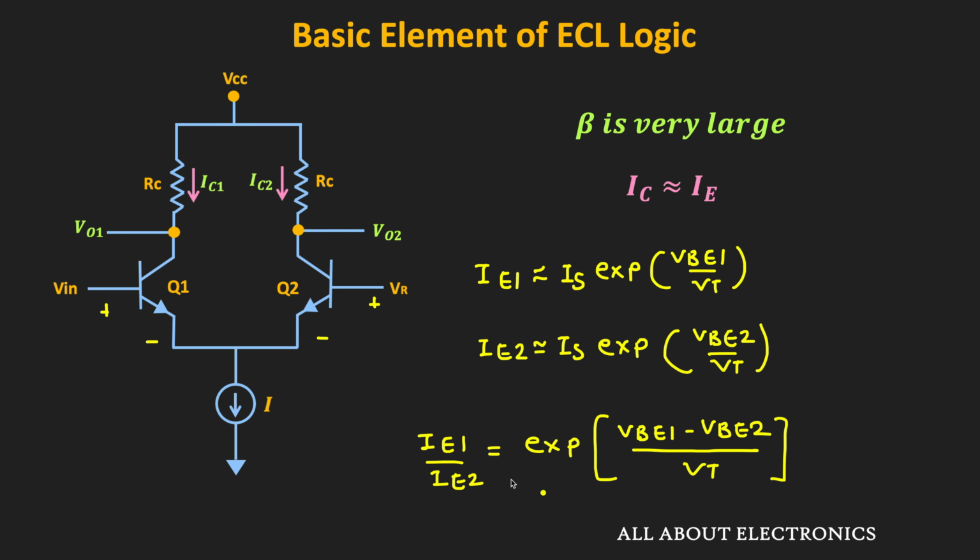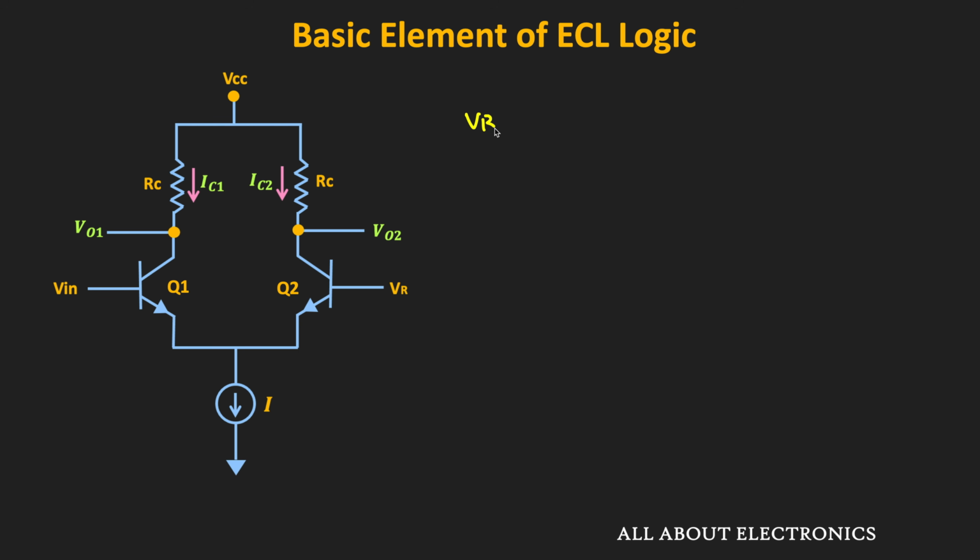Now let us take the natural log on both sides. Then we can say that VB1 minus VB2 is equal to VT times the natural log of the current I1 divided by I2. Basically we need to find the value of delta V. If you observe, the emitters of both the transistors are connected together, which means V1 and V2 are equal.